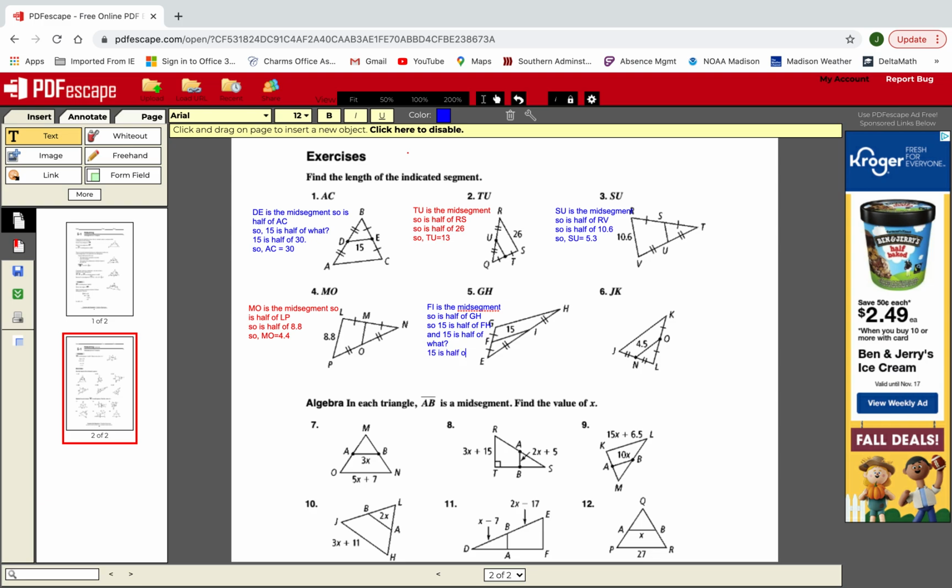Fifteen is half of 30. So GH equals 30. This is the exact same problem as number 1. Look at that. It kind of gave you a free one there.